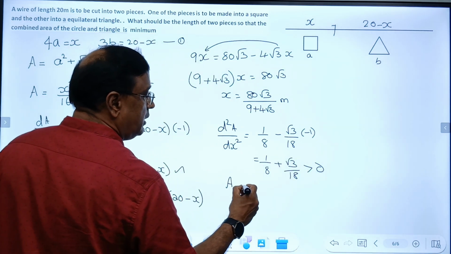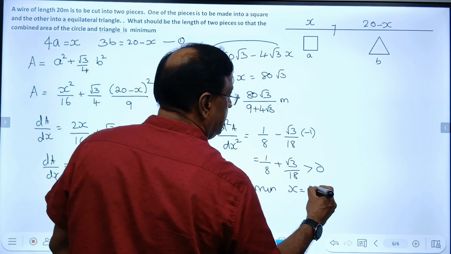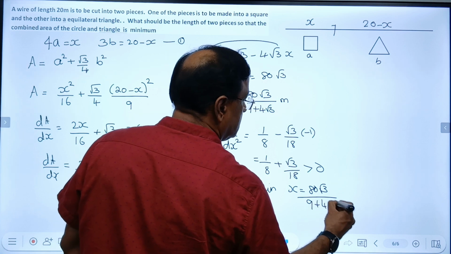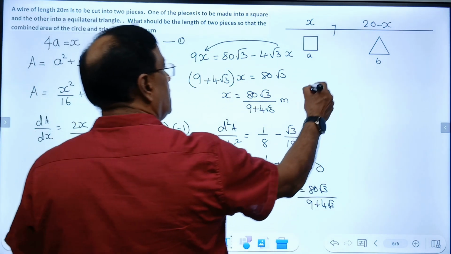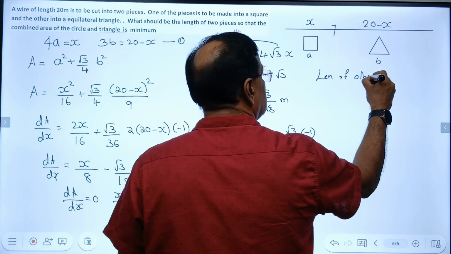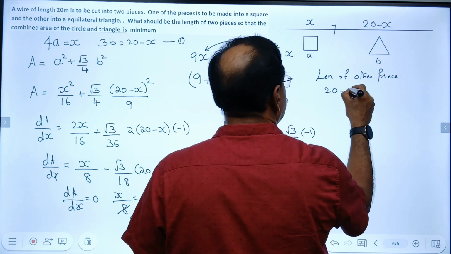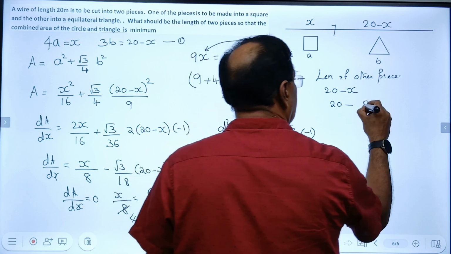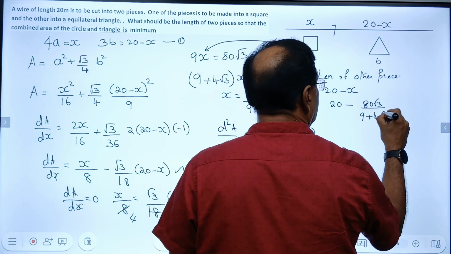Therefore A is minimum when x is equal to 80 root 3 by 9 plus 4 root 3. Now I want to find the length of the other piece. How do I find the length of the other piece? That is 20 minus x, which is 20 minus 80 root 3 by 9 plus 4 root 3.